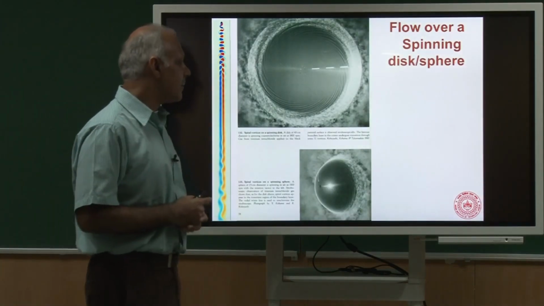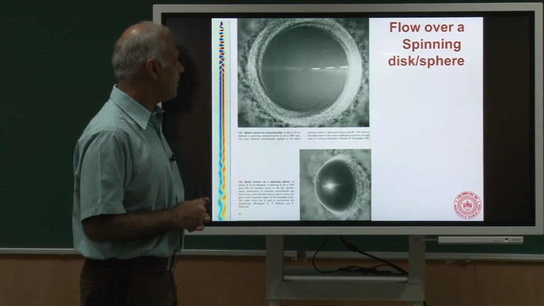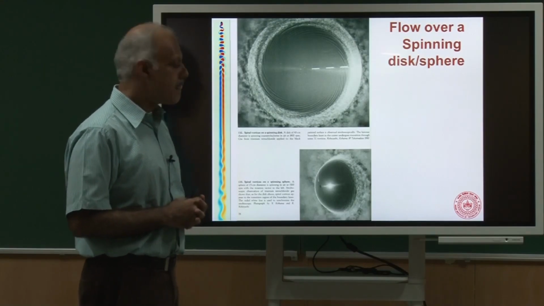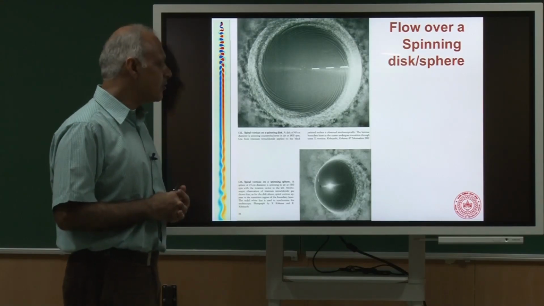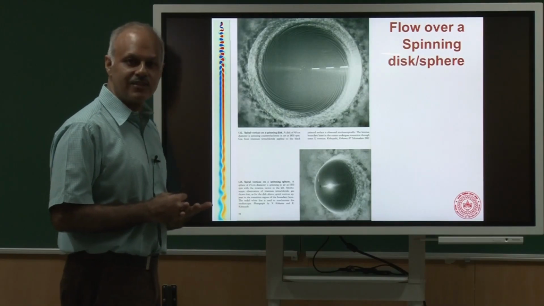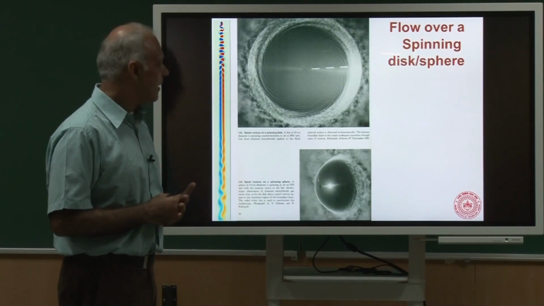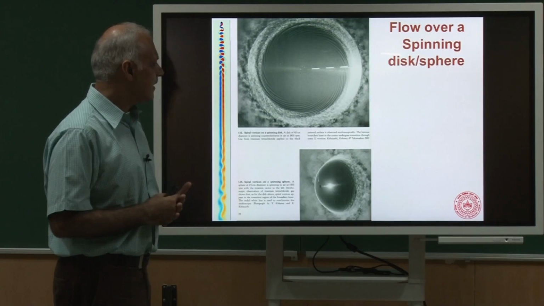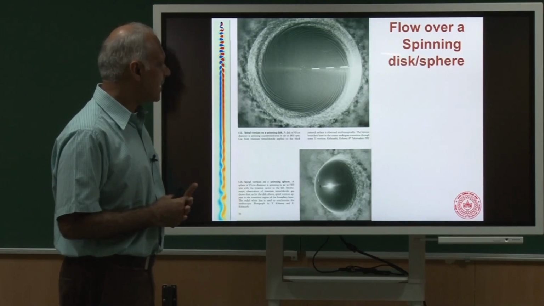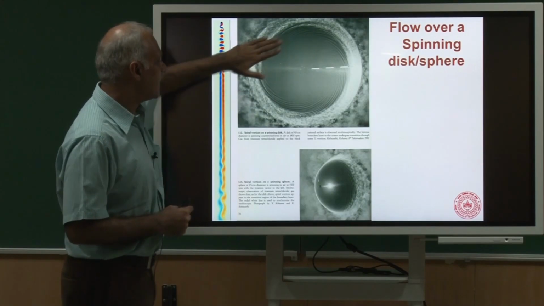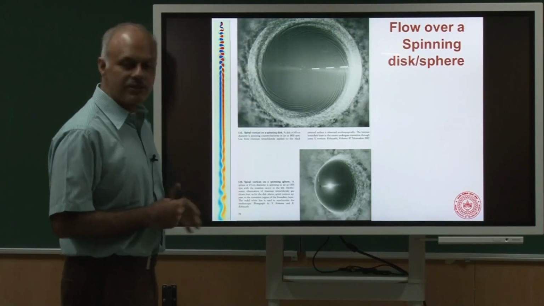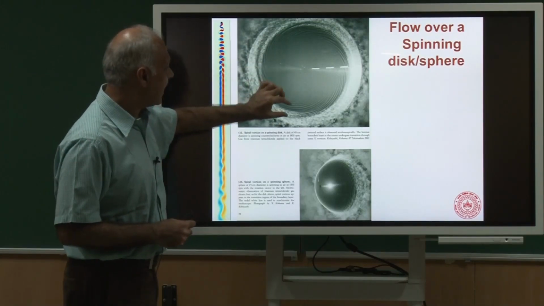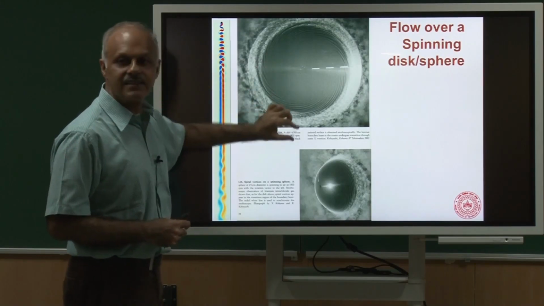Here's another very nice picture, which is the flow on a spinning disk. So those of you who still use the old hard disks, not the flash drives, you may realize that a hard disk has a magnetic material which stores the information, and then there is a head which moves on the hard disk.